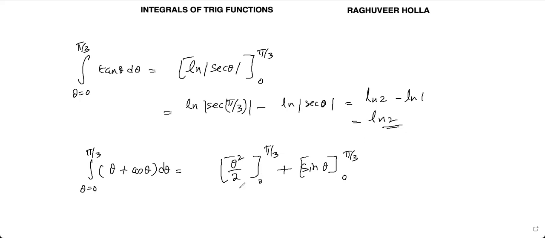Now this is pi square by 9 by 2 minus 0, plus sine pi by 3, which is root 3 by 2, minus 0. So this is pi square by 18 plus root 3 by 2.